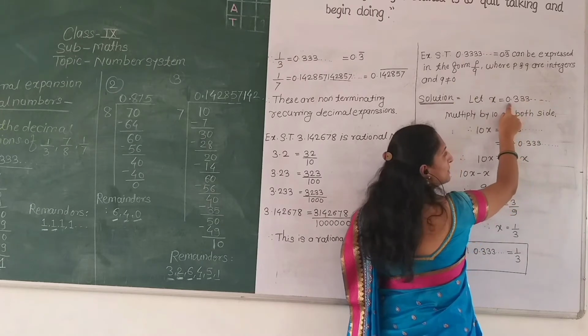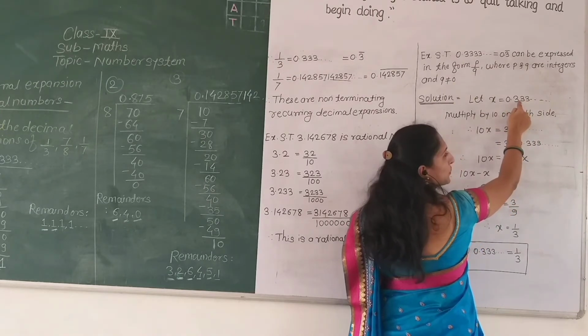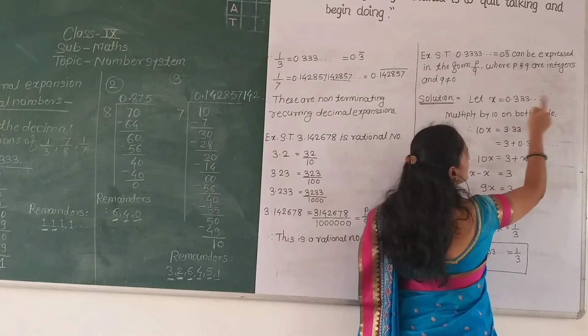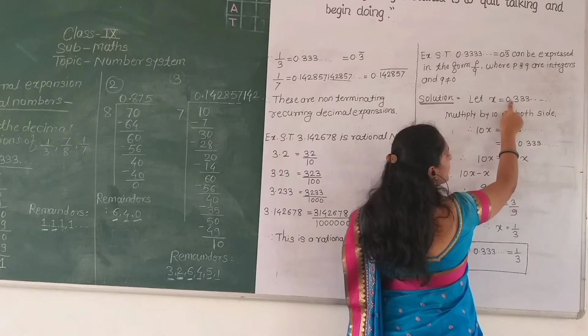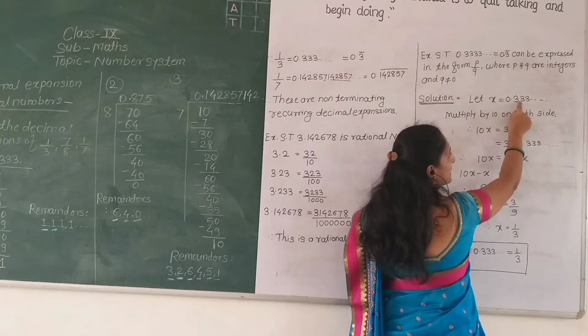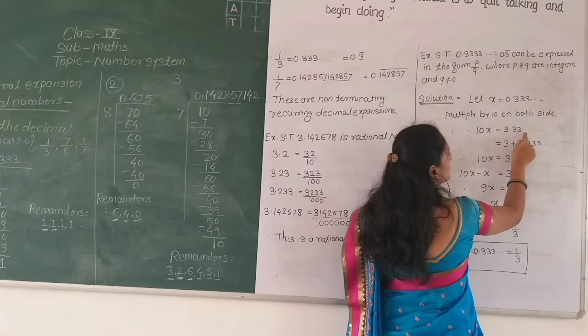If I multiply by 10 here, then the decimal point is shifted one place towards the right. Since I multiply by 10, the decimal point shifts one place to the right. That means 10x is equal to 3.333.